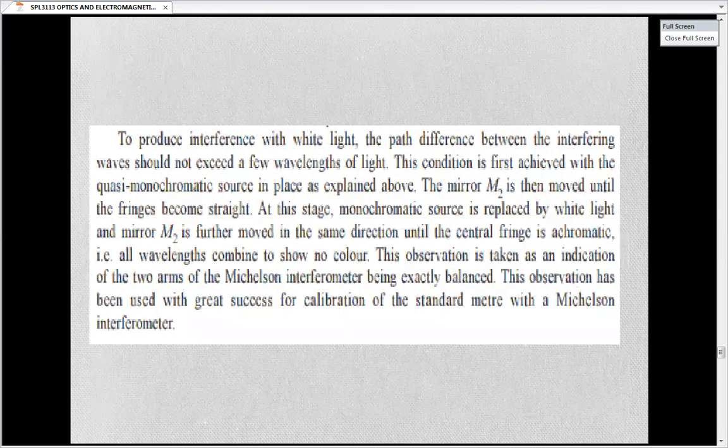And of course, with the adjustments, the idea of the path difference comes in, and that determines the nature of the images.